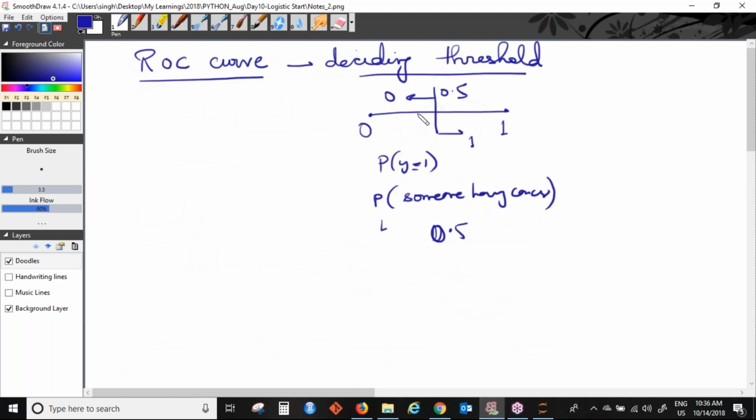Now, do you think a person who has 0.49 probability of having cancer should be classified as a 0? Do you think that would be good? If a person having a 49% probability of having cancer is classified as not having cancer, is that good?